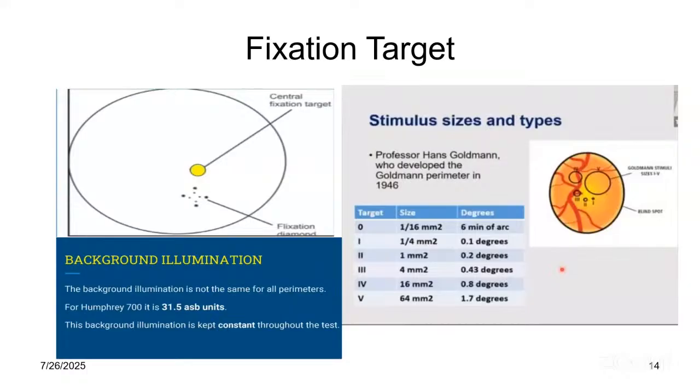The Humphrey 700 uses a background illumination of about 31.5 apostilbs, while the Octopus, which are the two most common standard automated perimetry machines, uses a background illumination of 31.4. So that's just a difference of 0.1 illumination.